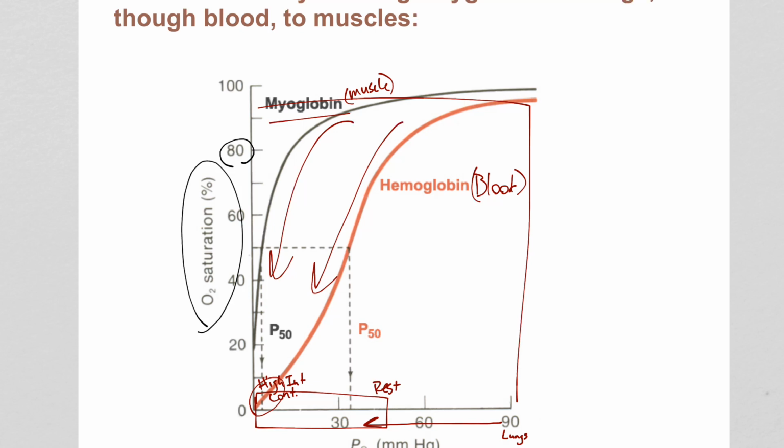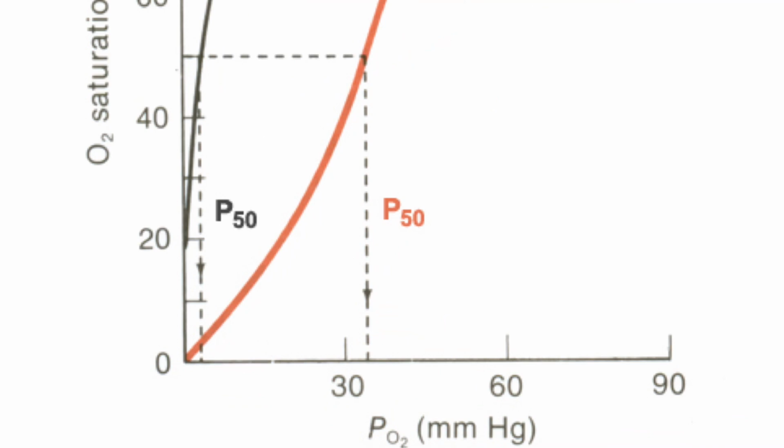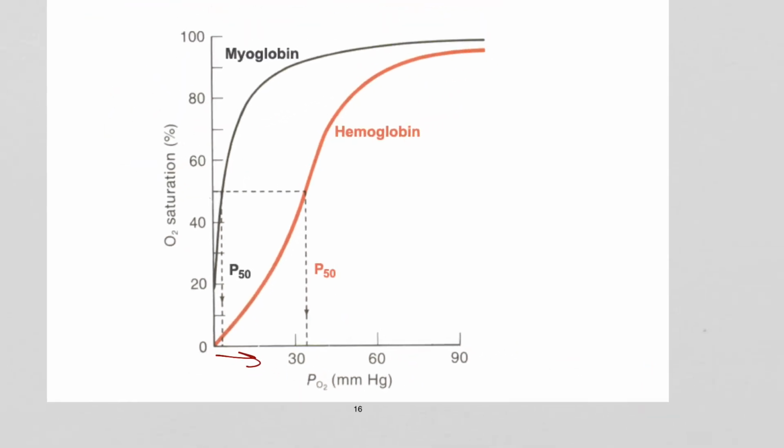The difference is hemoglobin keeps circulating, and so it'll keep going back to the lungs and pick up more O2 and come back again. Myoglobin doesn't circulate, and so when myoglobin lets go of its oxygen, it's pretty much gone until you rest again. Because when the muscle stops contracting and you rest, right, PO2 starts climbing back up, and that oxygen that hemoglobin is bringing in is going to be used to resaturate myoglobin.